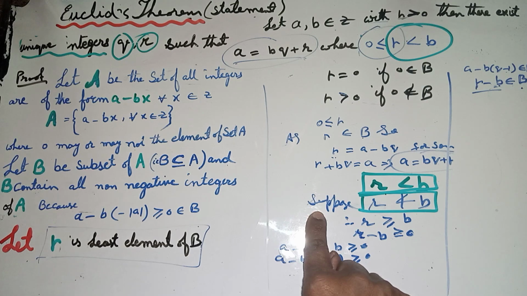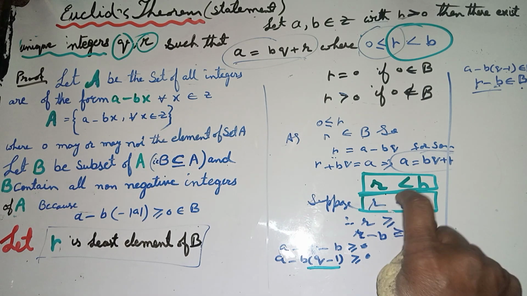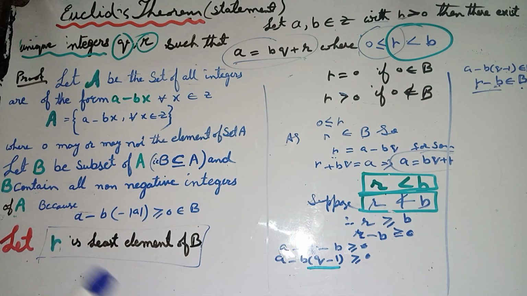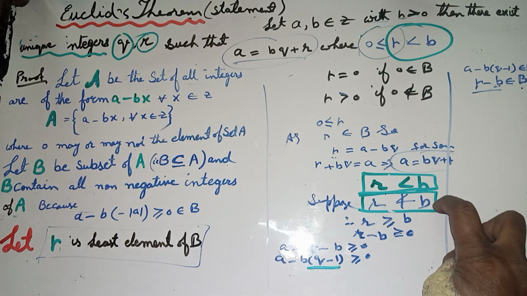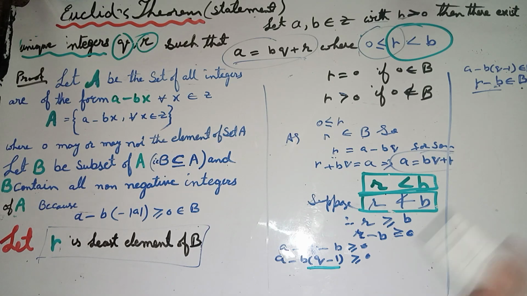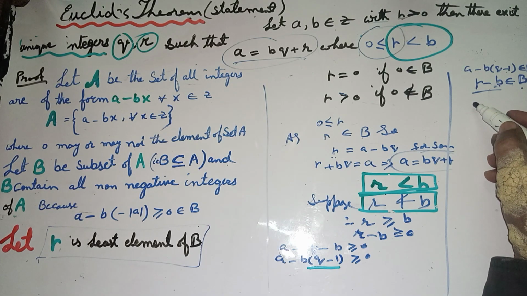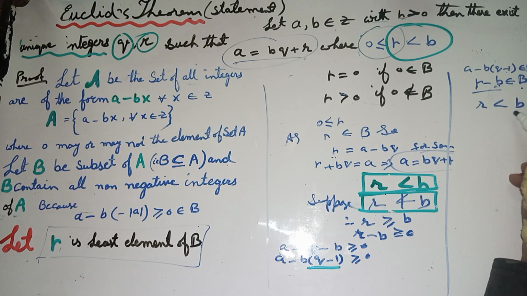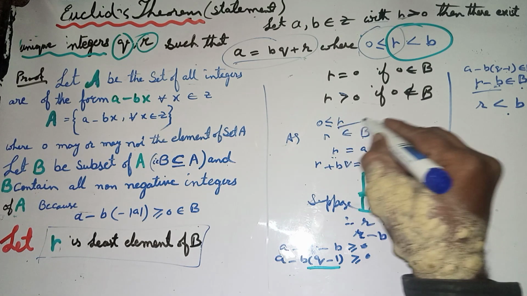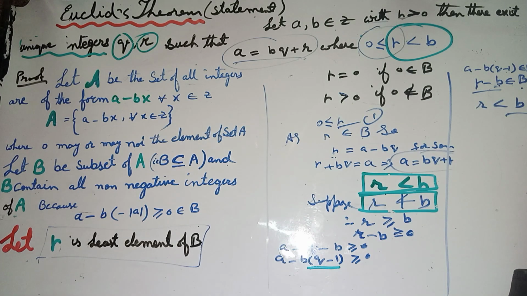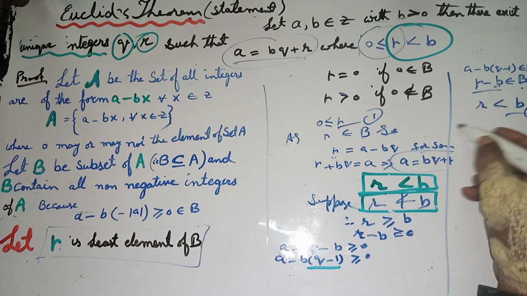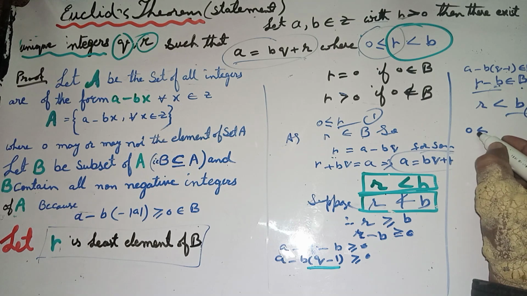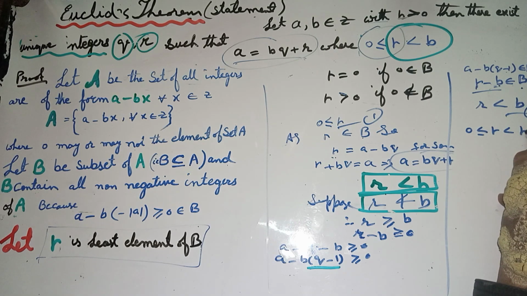If this is false, then this is true. So r is less than b. If this is 1, this is 2, and if we combine 1 and 2, 0 is less than or equal to r, which is less than b.